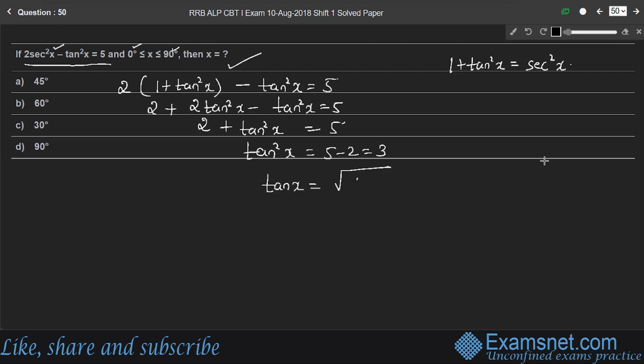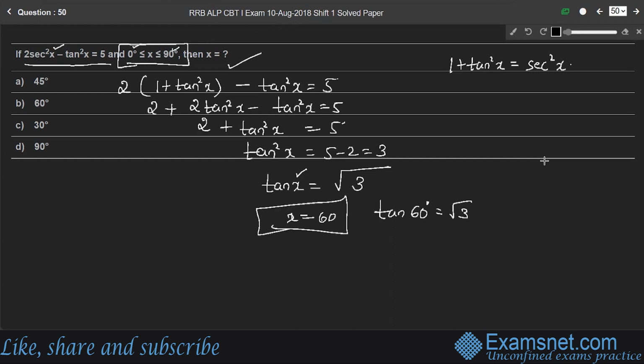Tan x becomes root of 3. So for what value of x, tan x becomes root 3? It is strictly given that x lies between 0 and 90 degree, right? So when x is equal to 60 degree, tan 60 is root 3, right? Therefore, value of x is 60 degree. Option B is the right answer.